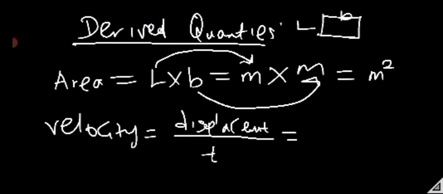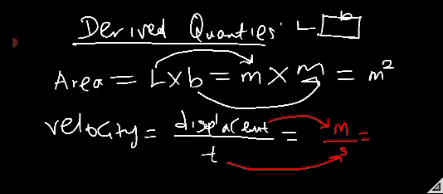The fundamental unit for displacement is meter, and for time is seconds. So meter per second becomes the unit for velocity. It's very easy. This is how we derive units.